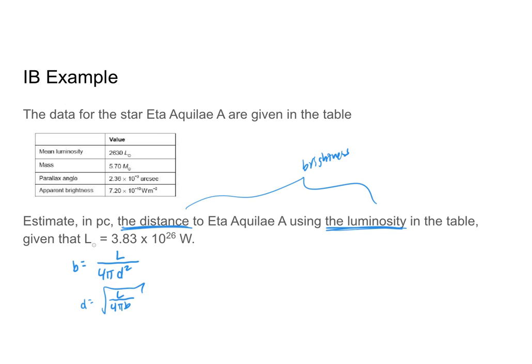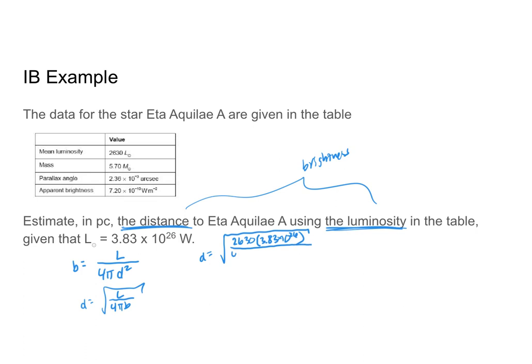Plugging in my numbers, I get that my distance, and again, this is my distance in meters, is the square root of luminosity, which is given in the table as 2630 times the luminosity of the sun, and the luminosity of the sun is given here as 3.83 times 10 to the 26th watts.